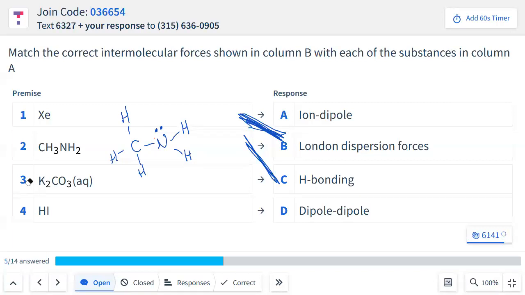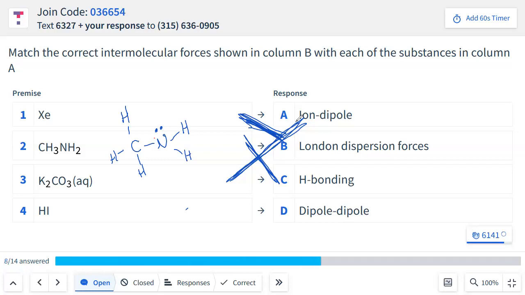Okay, so we've made two of the determinations. What about the potassium carbonate? Yeah, it's an ion dipole. Remember what we need for ion dipole. We need an ion and we need something polar to make the dipoles. Well, the ions come from the potassium carbonate, the potassium ion and the carbonate ion.